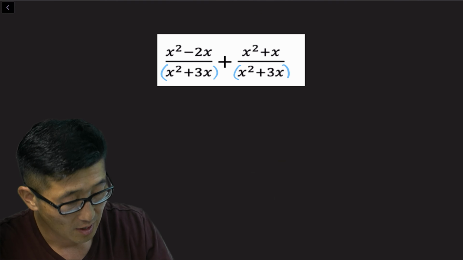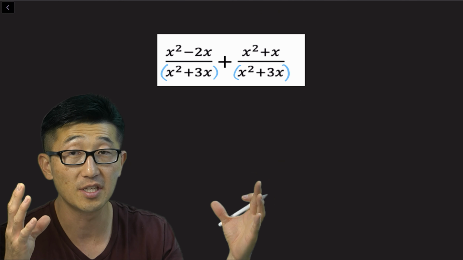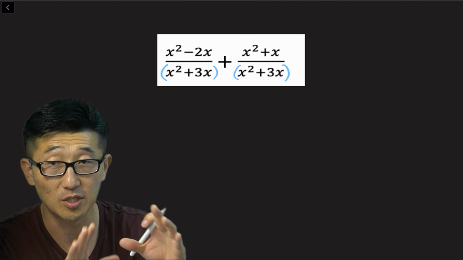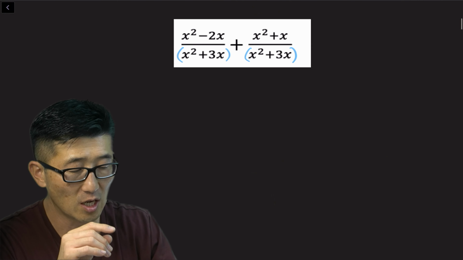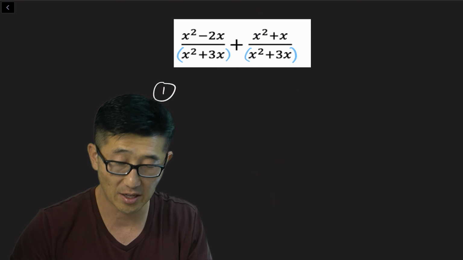Once you have the exact same denominator, you can immediately combine the fractions into one fraction. So there's no need to get a common denominator.